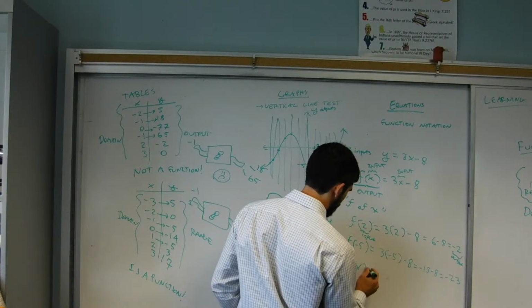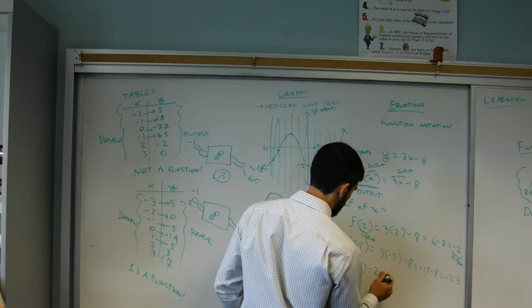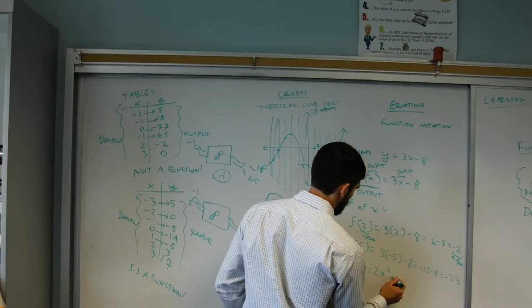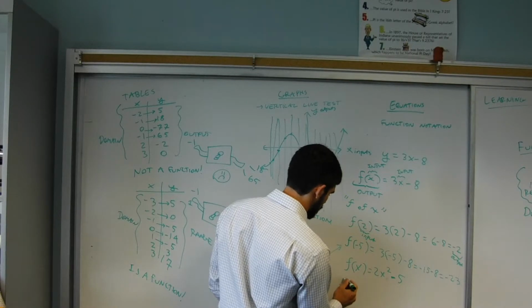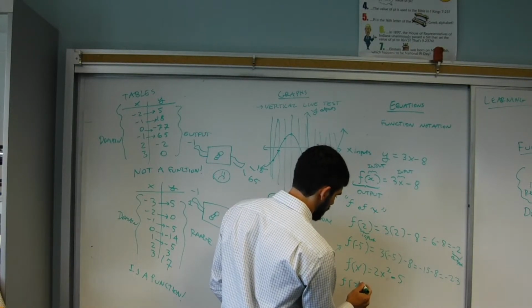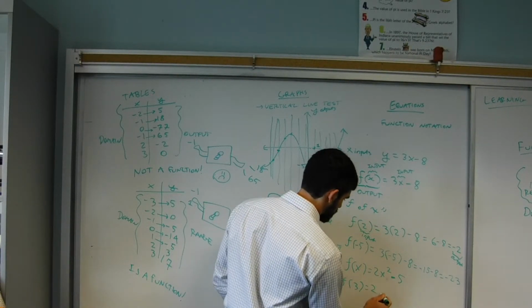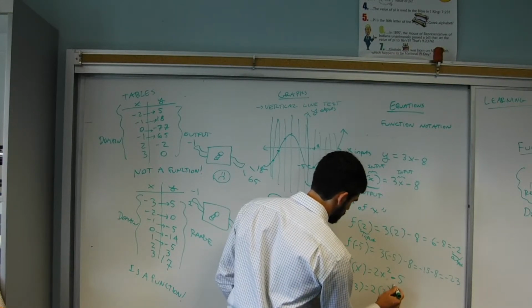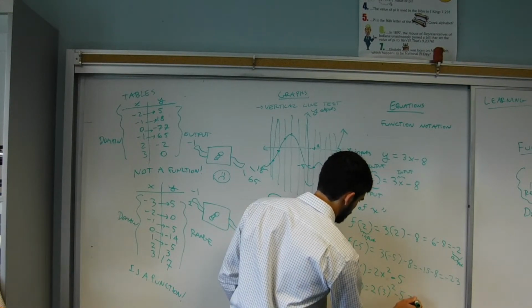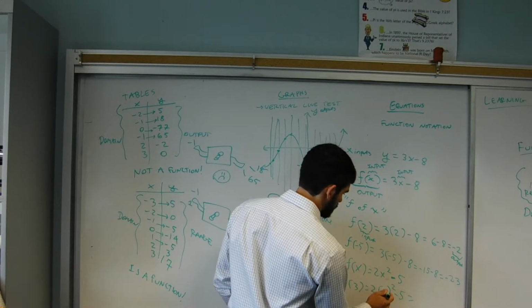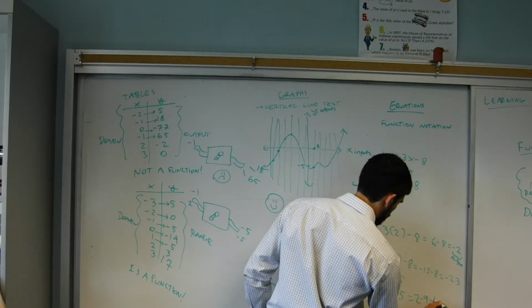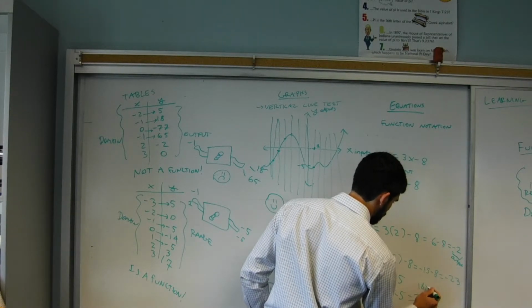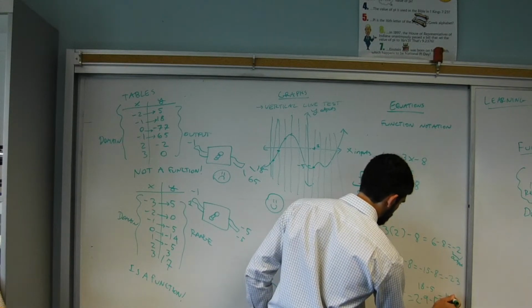Let's do f of x is equal to 2x squared minus 5. So if you look at what f of 3 is, it's going to be 2 times 3 squared minus 5. 3 squared is equal to 9. So 2 times 9 minus 5. That's equal to 18 minus 5, which is equal to 13.